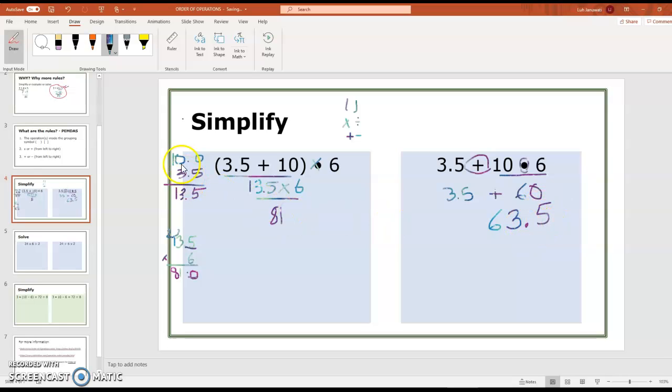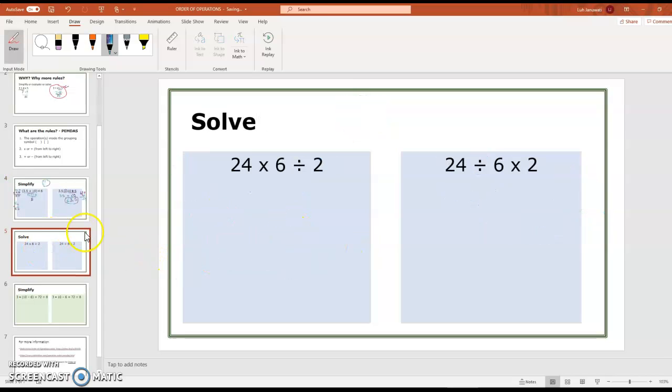And if it still confuses you, you can write it like this one, 60 plus 3 and 5/10, I'm sorry, is 63 and 5/10.